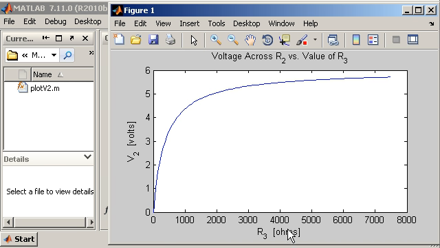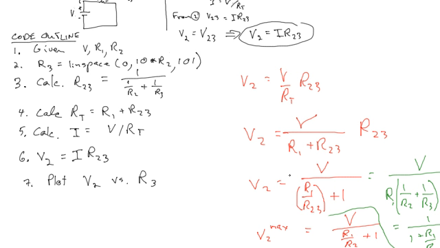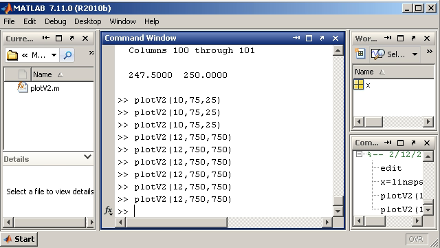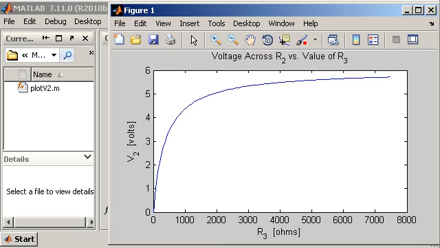Graph that I had R3 values. Here they're going up to 8,000. Let's check that because I played around with that. See what they should be going up to. They should be going up to 10 times this, which would be 7,500, which is pretty darn close to 8,000. And in fact, that looks like that's where this really does end.